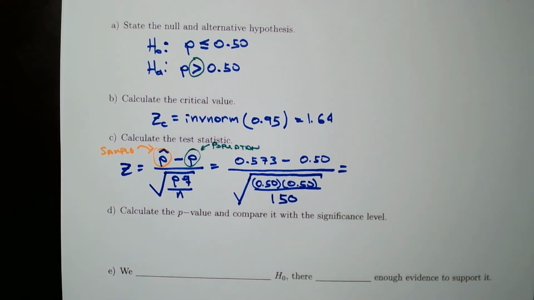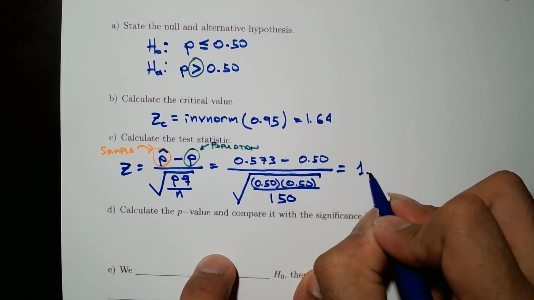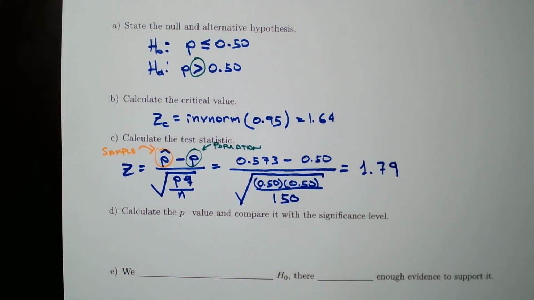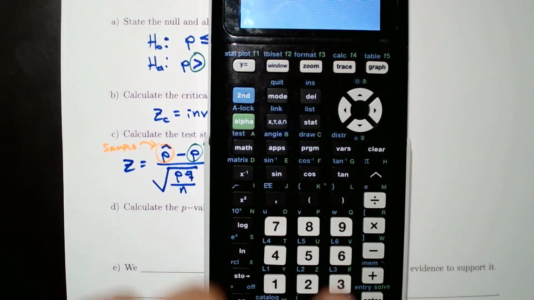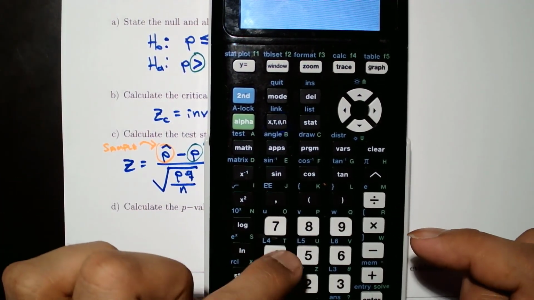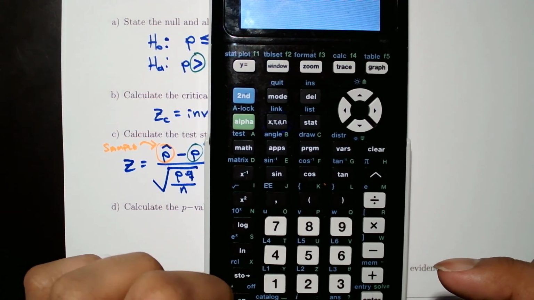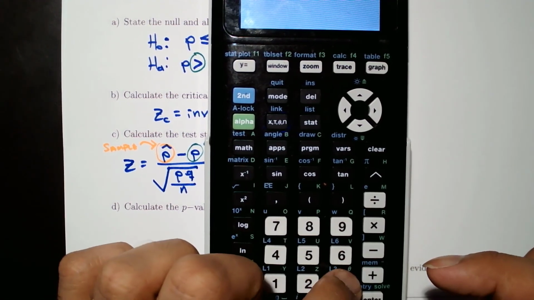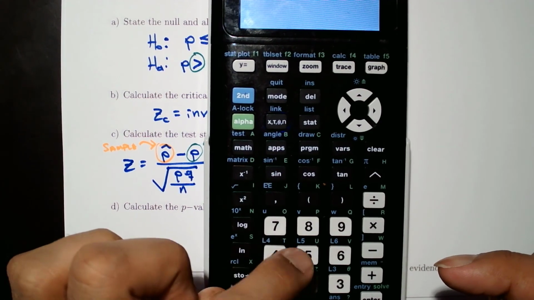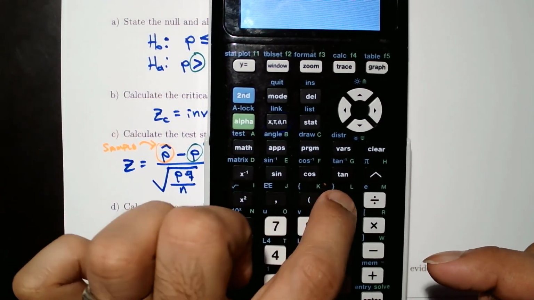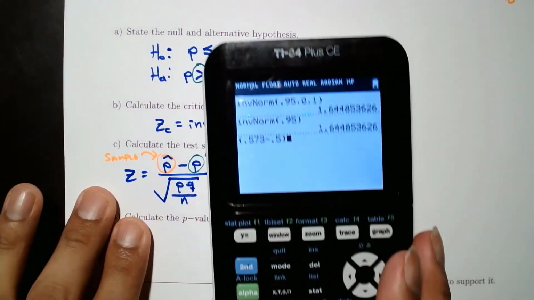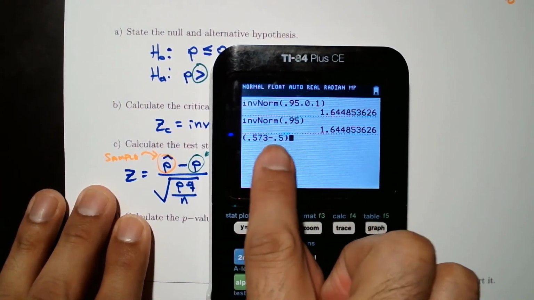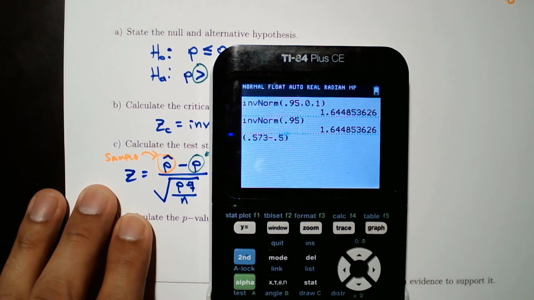Using a graphing calculator, you should get 1.79. Okay, let me show you the syntax here in case you have trouble getting these values. Well, first of all, I'm going to open parentheses, type 0.573 minus 0.5 or 0.50, doesn't matter, close parentheses, to make sure that the division affects both quantities in the numerator.